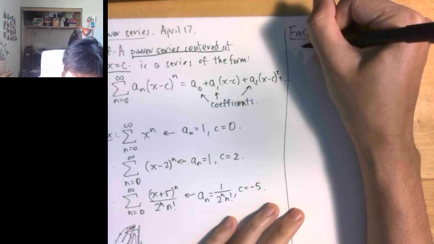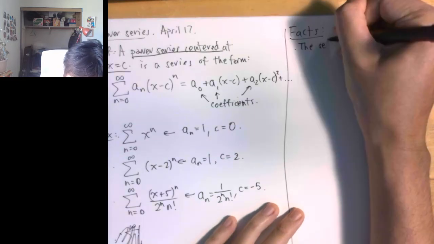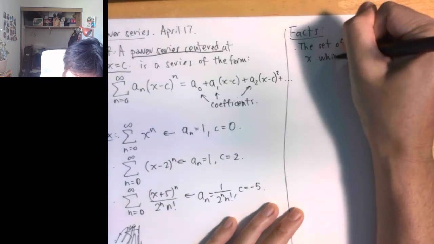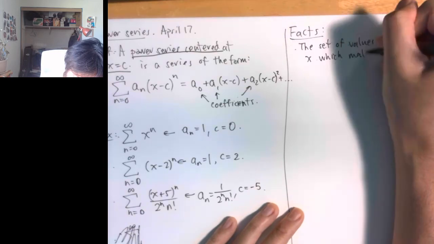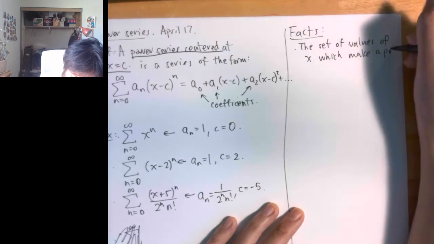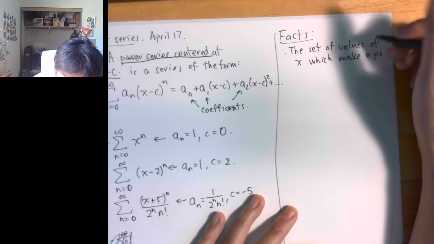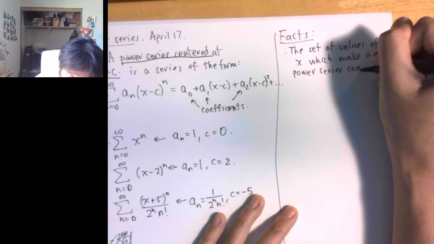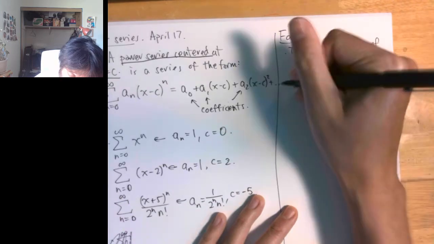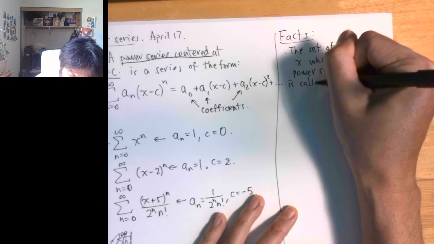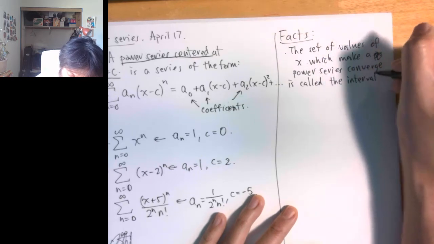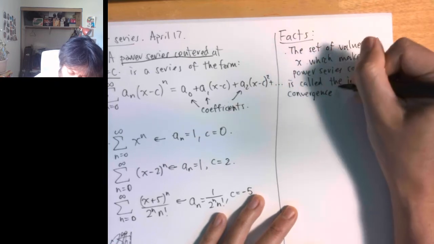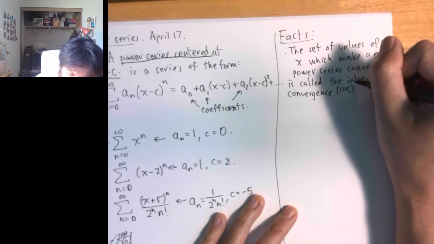The set of values of x which make a power series converge is called the interval of convergence, which we will initialize IOC for the sake of brevity.